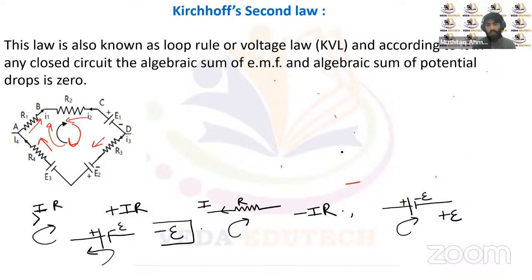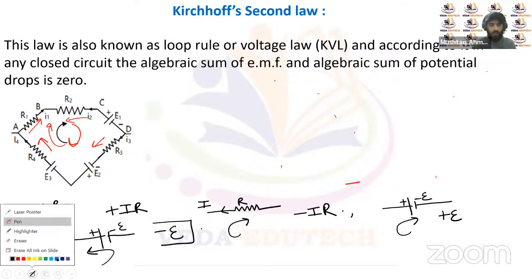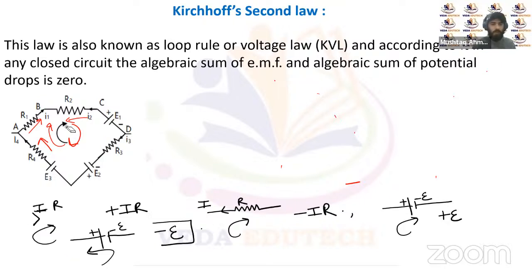The conventions are very simple and very clear. You can see here we have this mesh, and by default I'm moving in the clockwise direction. I can move in the anti-clockwise direction also, but the results will not change. So let's move in the clockwise direction.